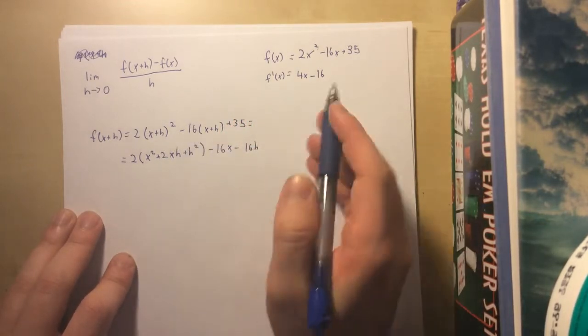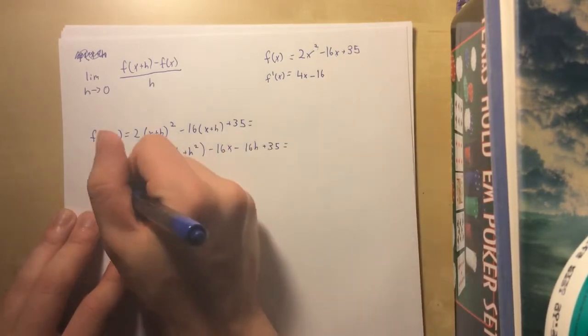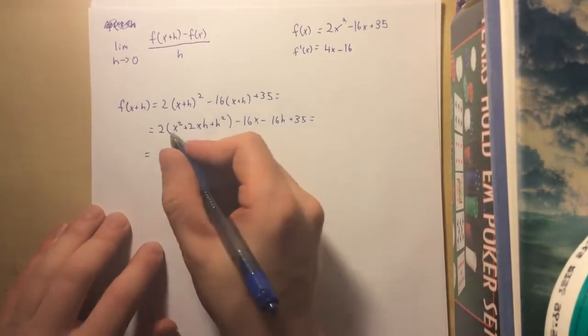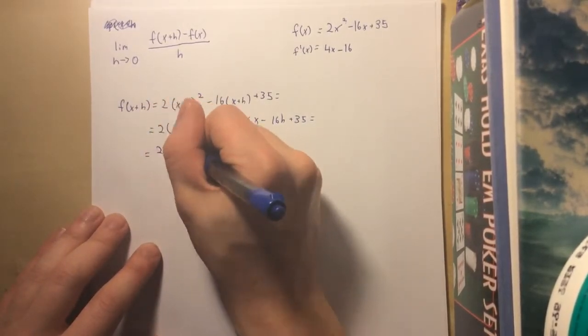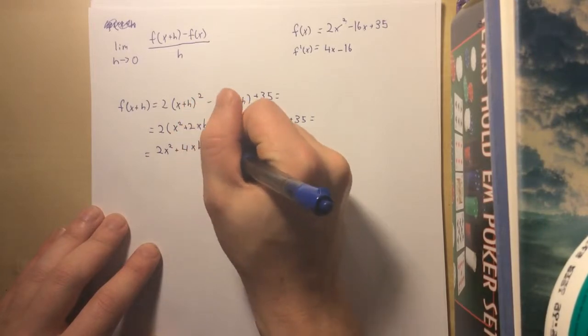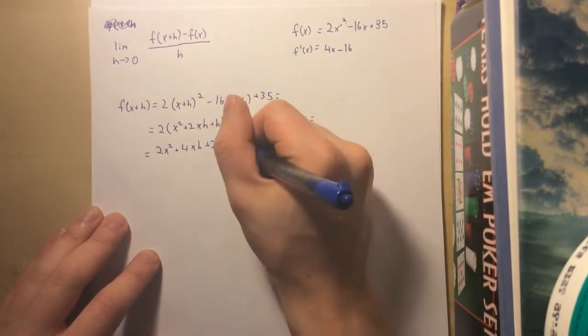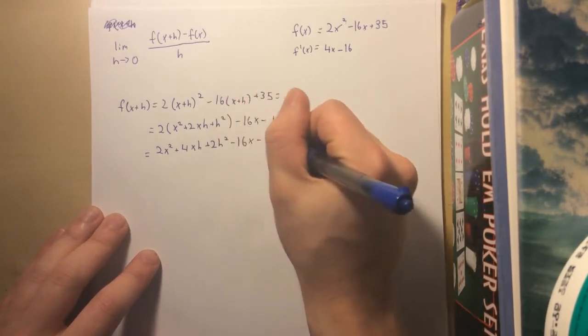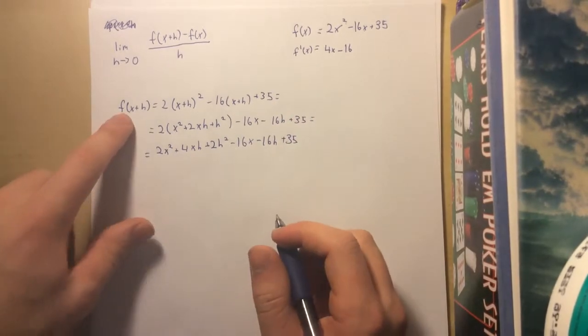Don't forget this negative, plus 35. Which equals, I'm just going to multiply this 2 out, 2x squared plus 4xh plus 2h squared minus 16x minus 16h plus 35. So that's what f of x plus h is.